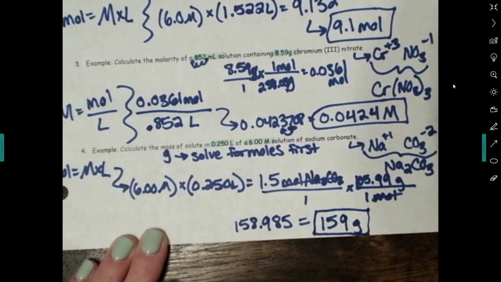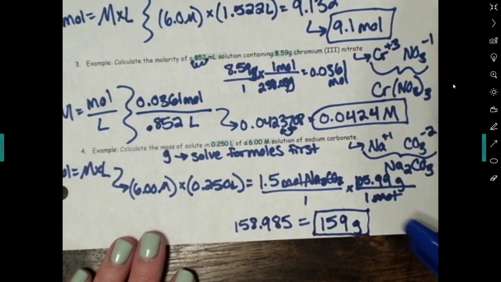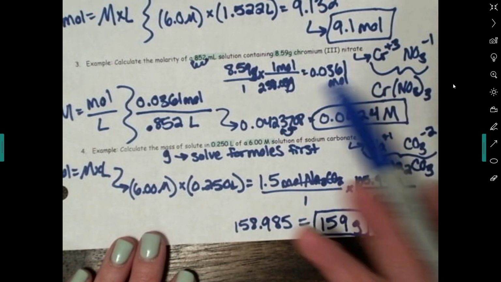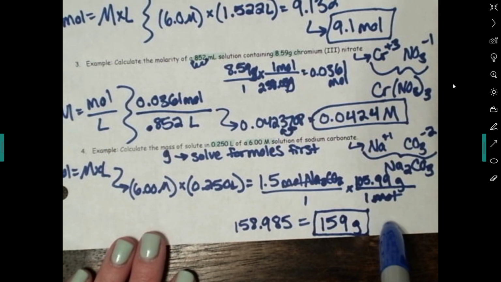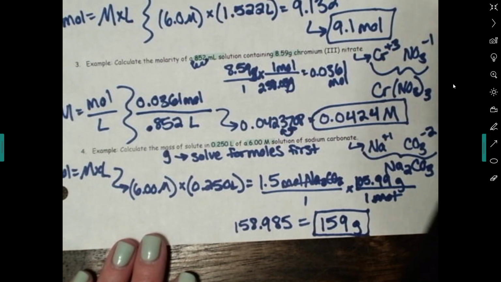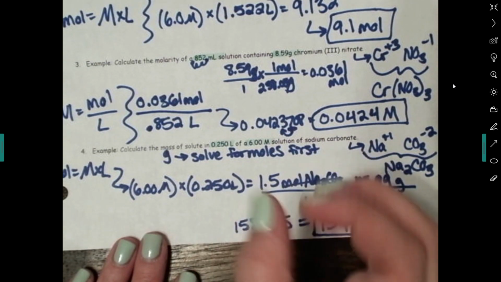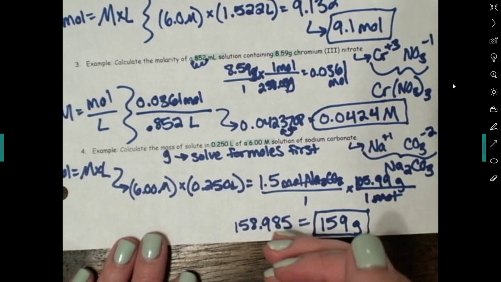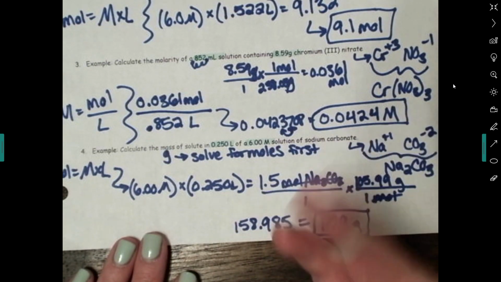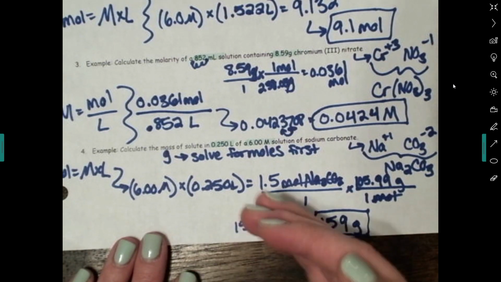And guys, I use these calculations on a regular basis. Maybe not so much this year because we don't do too many labs this year, right? But in a normal year, whenever I have to mix solutions, I get very concentrated solutions from the chemical company, and I have to dilute them so that I'll have enough for all of my classes.